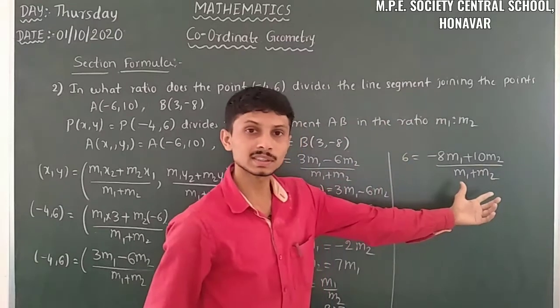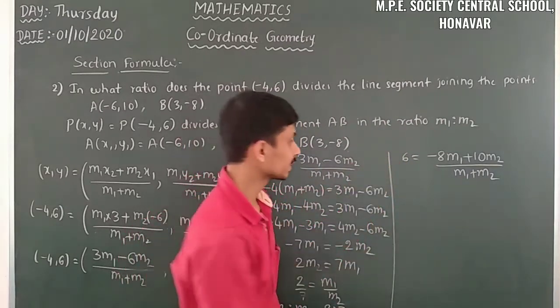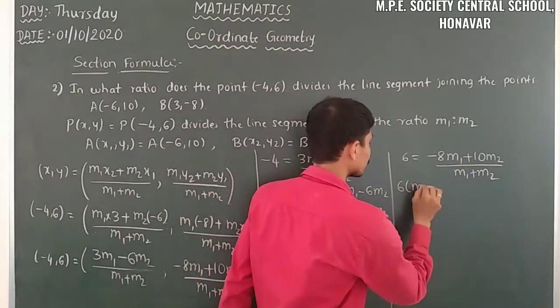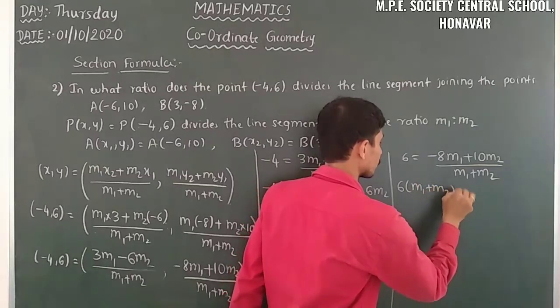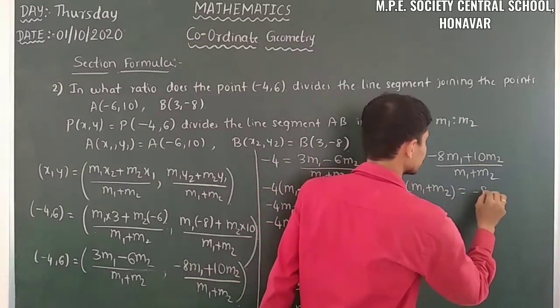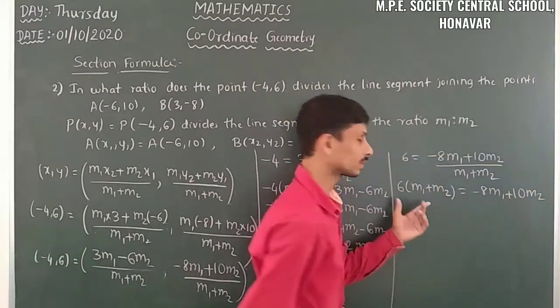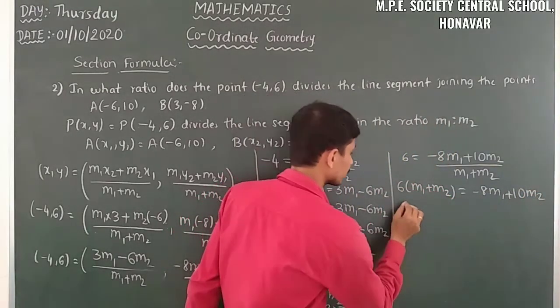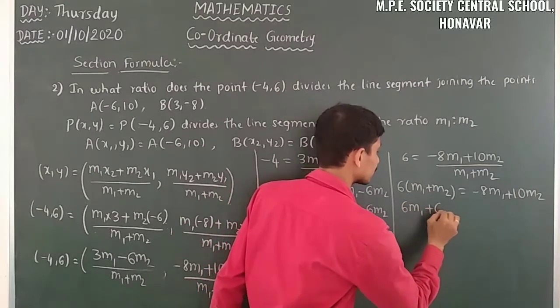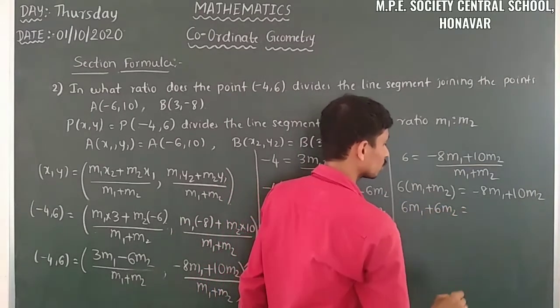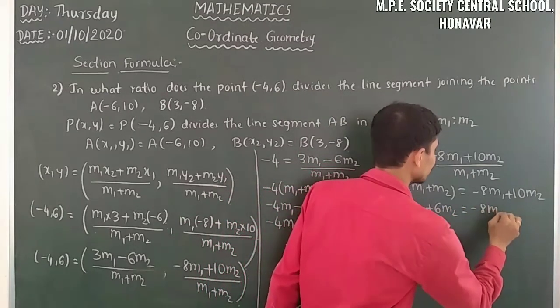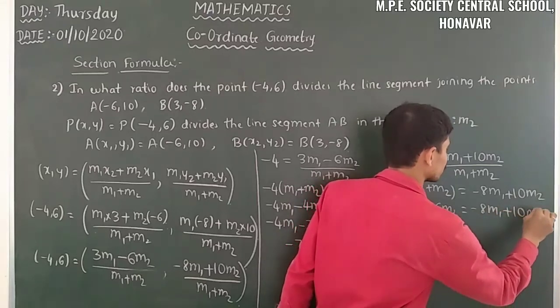So transpose this m1 plus m2 to the LHS side. 6 into m1 plus m2 is equal to minus 8m1 plus 10m2. Then take similar steps. Here 6m1 plus 6m2 is equal to minus 8m1 plus 10m2.